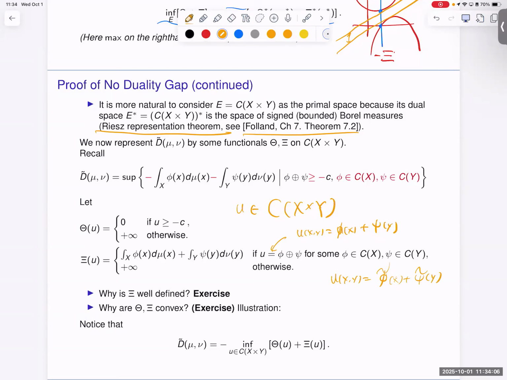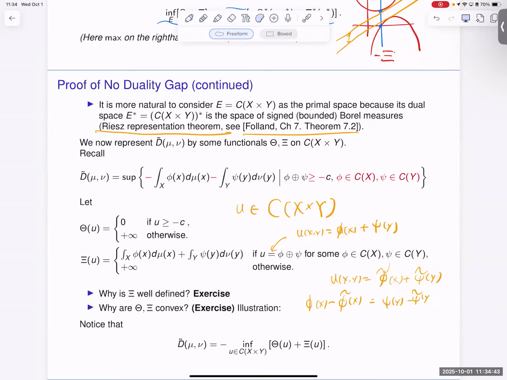Right, and then, okay, the difference between this phi and phi tilde, you can just easily compute: phi x minus phi tilde x is psi tilde y minus psi y, right? So on the left, you have a function of x. On the right, you have a function of y. When does this happen? Only when either side is constant.